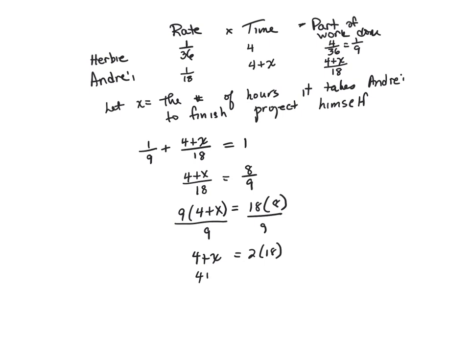So we get 4 plus x equals 36. And no, actually it's 2 times 8. There's a typo here. This should be 2 times 8. So this should be 16. That's more like it. 16. So x is 12. So it would have taken Andre 12 more hours.